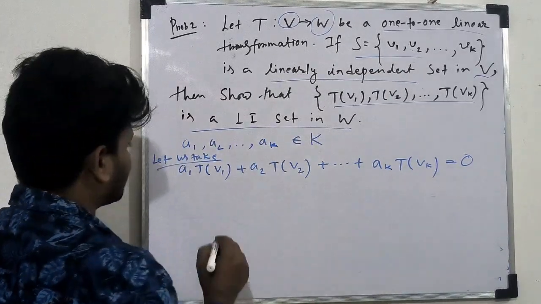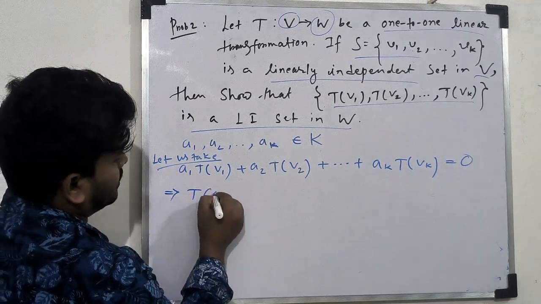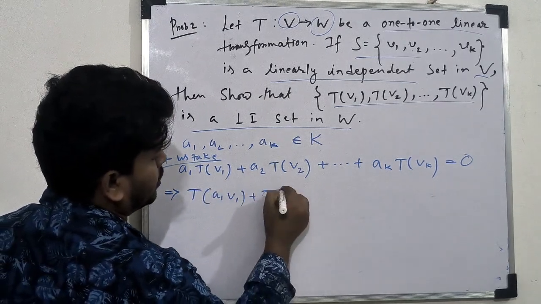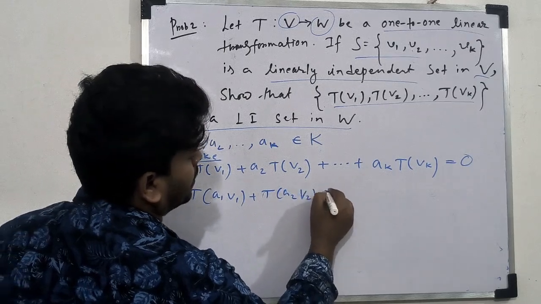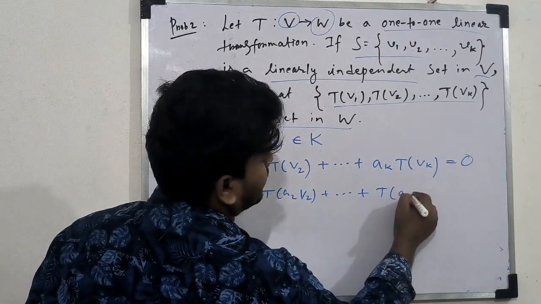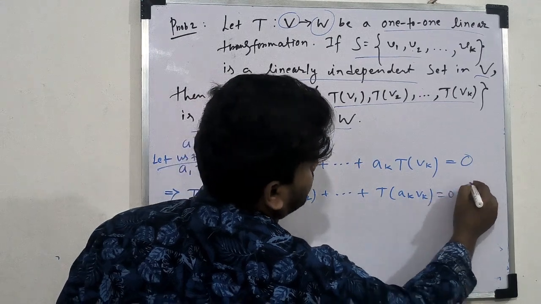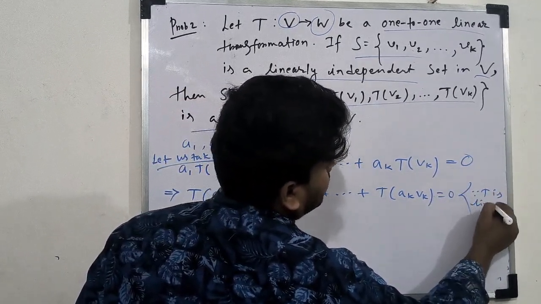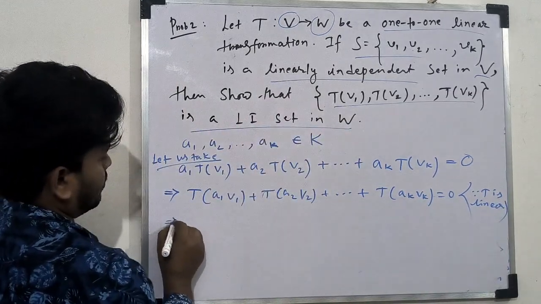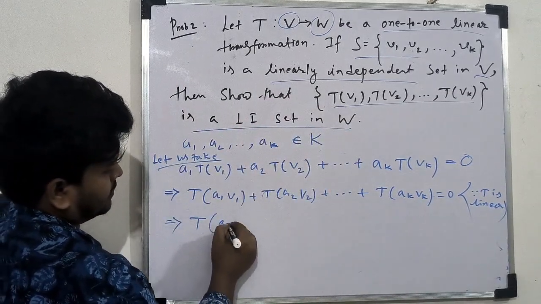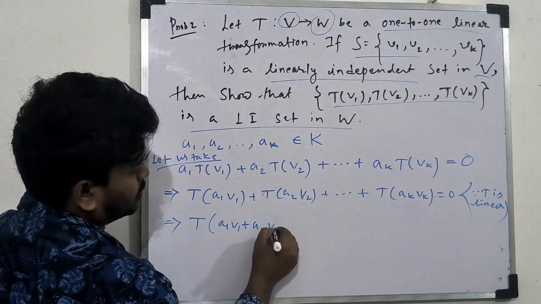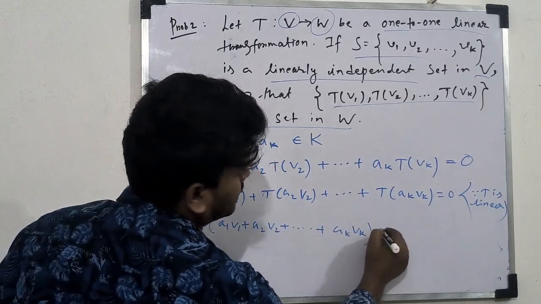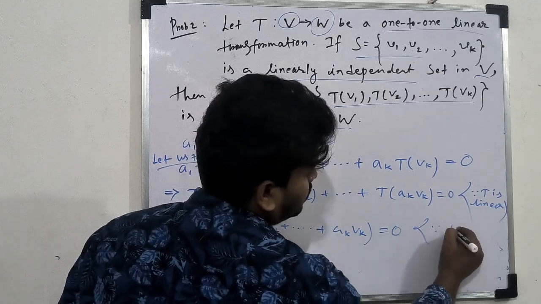So from this, you can write T of a1 v1 plus T of a2 v2 plus dot dot plus T of ak vk equal to 0. Why? As T is linear. Okay? So therefore from this you can write T of a1 v1 plus a2 v2 plus dot dot ak vk equal to 0. This is also as T is linear.